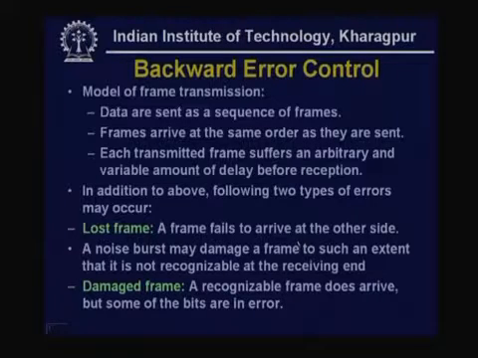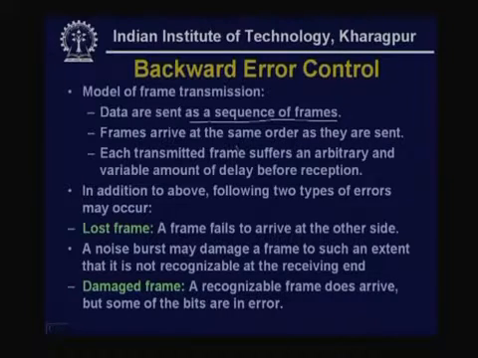Now let us focus on error control. We shall consider this model for backward error control. Data are sent as a sequence of frames, as you have already seen how it is being done. Then frames arrive in the same order as they are sent.